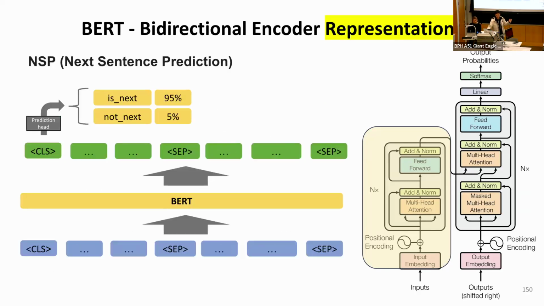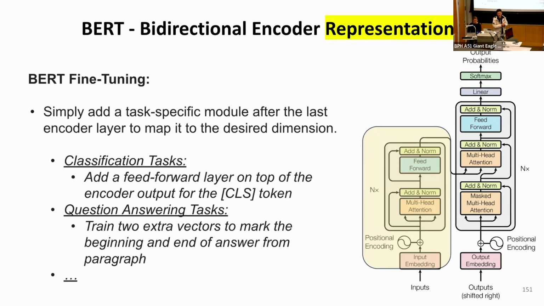If you pre-train a BERT model with these 2 tasks, how do you use it for fine-tuning? You can use it on any other task by just getting a task-specific module, which basically means a prediction head, attached to the last layer of BERT output, right? And so if you have a classification task, for example, you can sort of formulate the task involving the CLS token, and then the last prediction head will just operate on the embedding of the CLS token.